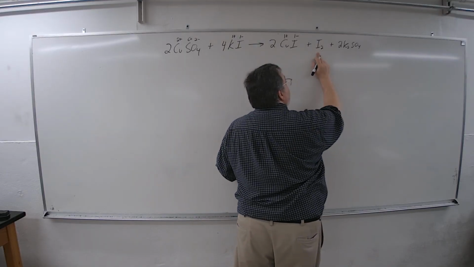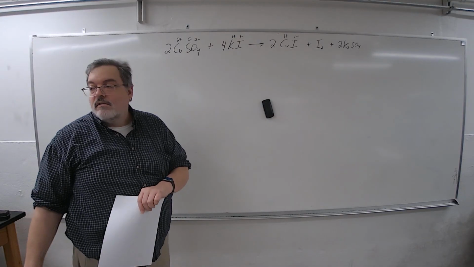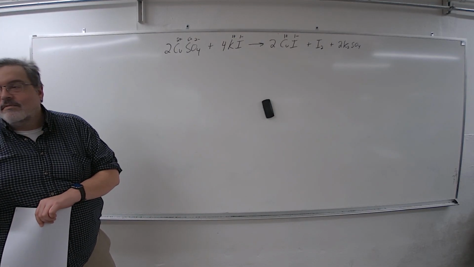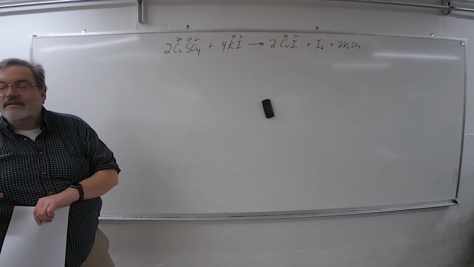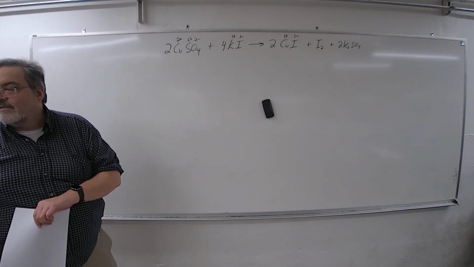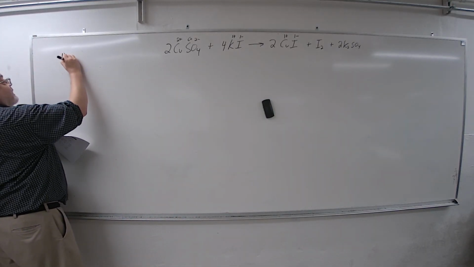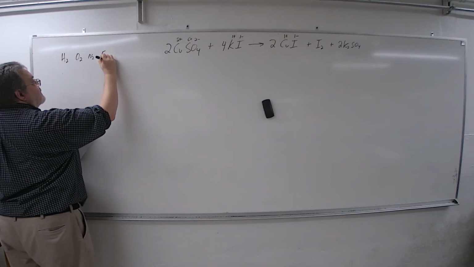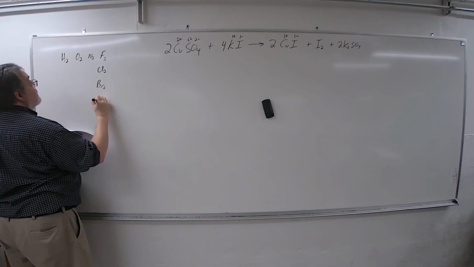What about here? These are easy if you recognize them. It's elemental. You see it? H2, O2, N2, F2, Cl2, Br2, I2.